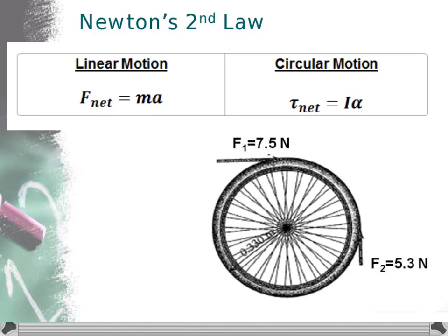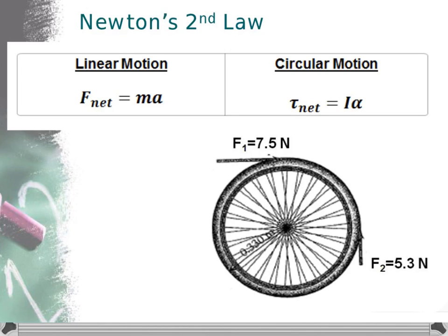And the answer is yes. What we do is we replace the net force with net torque. We replace inertia, which is mass, with rotational inertia. And we replace linear acceleration with angular acceleration. So this is that alpha again.